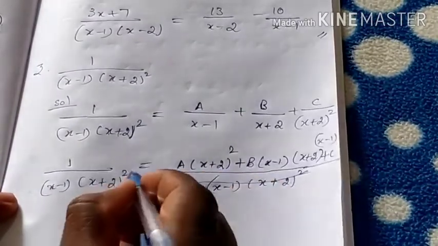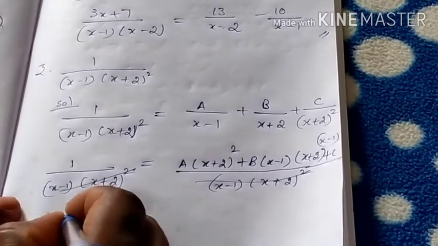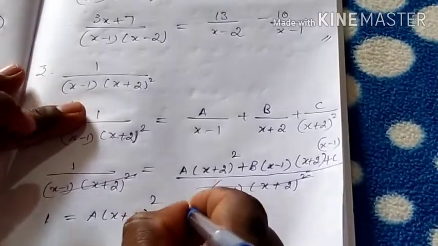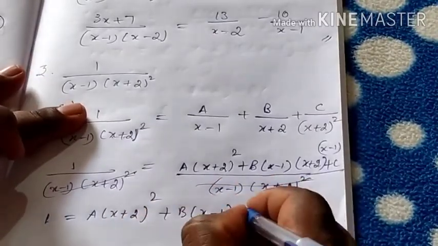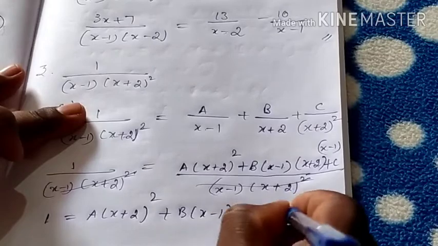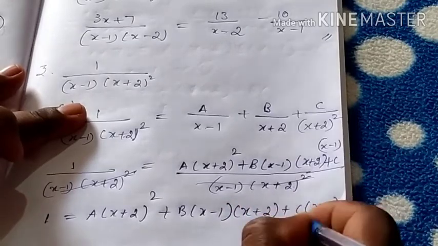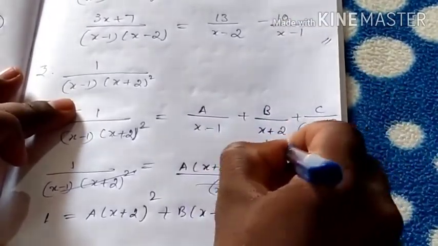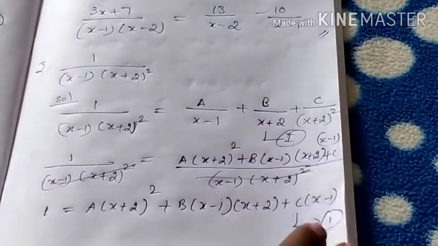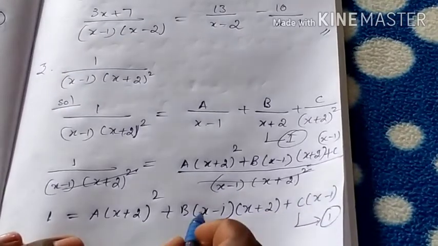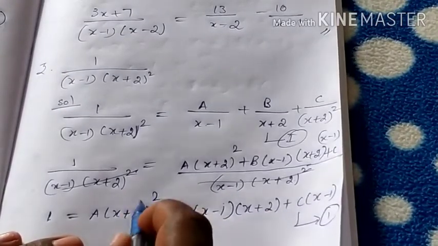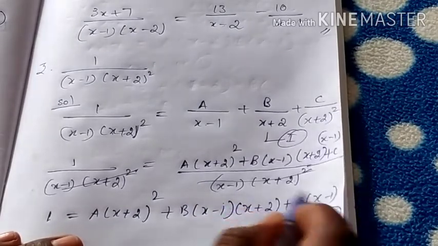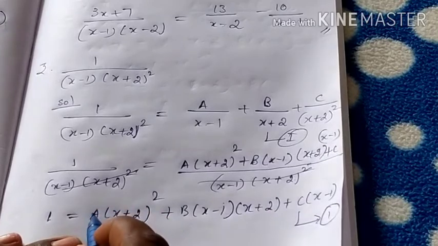Next, cancelling the denominator on both sides, we get 1 equal to a into (x plus 2) the whole square plus b into (x minus 1)(x plus 2) plus c into (x minus 1). This is your first equation. Then put x equal to 1. We get the value of a, because here b is 0 and c is also 0, so remaining we get the value of a.